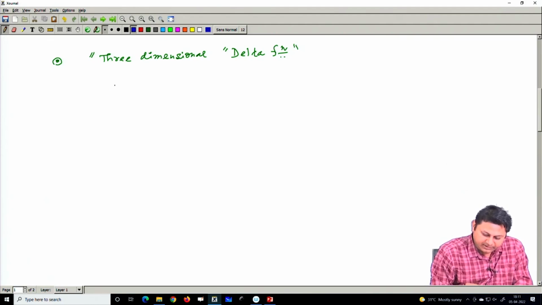Normally we represent this three dimensional delta function as delta 3, and in the argument we write vector r.